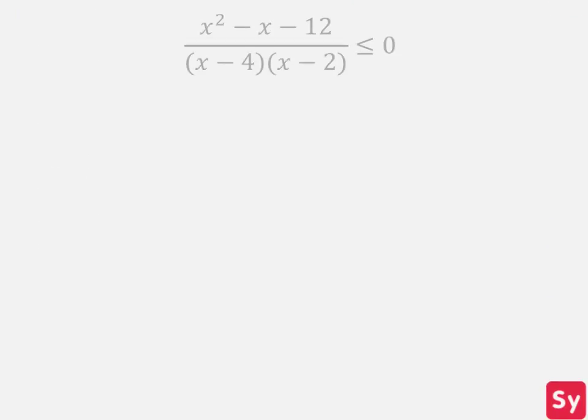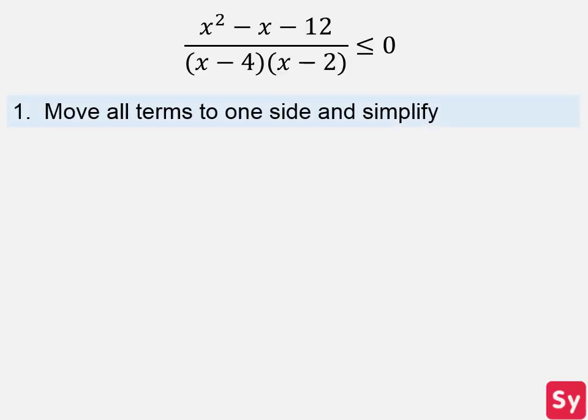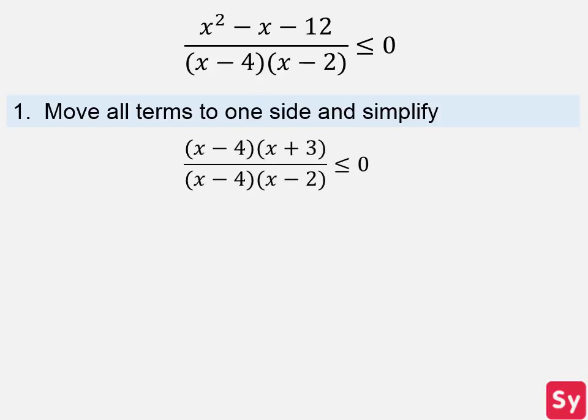Last example, we have (x² - x - 12)/((x - 4)(x - 2)) is less than or equal to 0. First, we want to move all terms to one side and simplify. All the terms are moved to one side already, but we can simplify. We factor the numerator and get (x - 4)(x + 3).